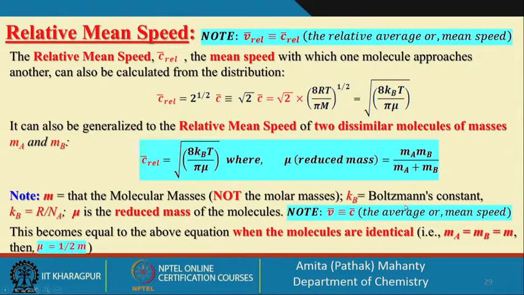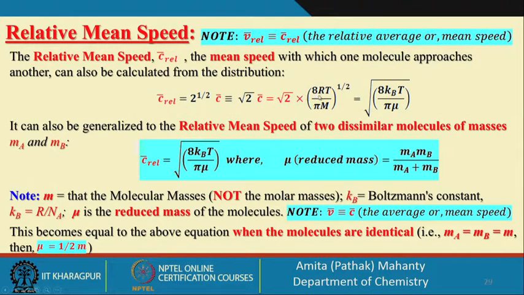So, the relative mean speed or velocity, which we usually relate with c rel, with a bar over it, which is how one molecule approaches another, can be given as root 2 times the mean speed. And if we substitute the value of c here, what is the value of c?